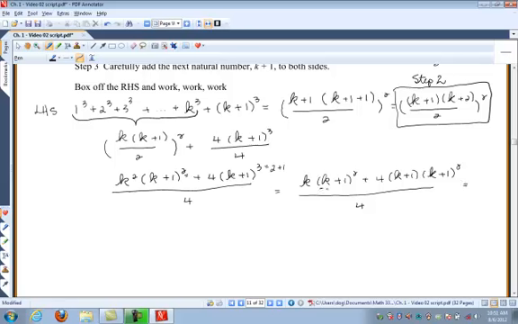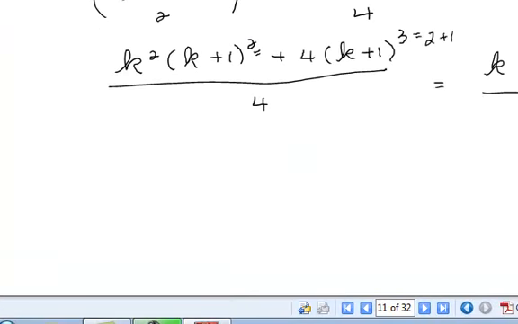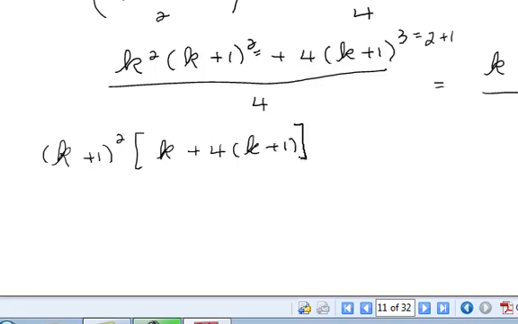And then I'm going to factor out the common factor (k plus 1) squared. And I'm going to hold it right here. (k plus 1) squared times k squared plus 4 times (k plus 1). That's everything that's left. Okay, divide by 4.